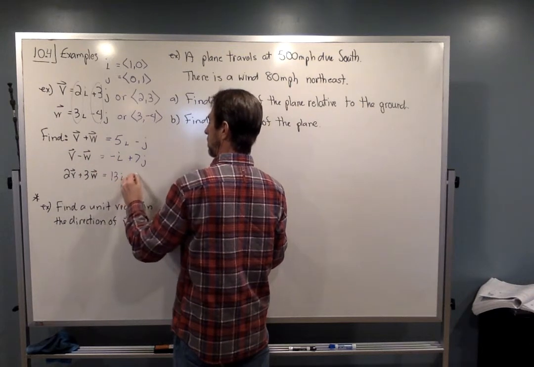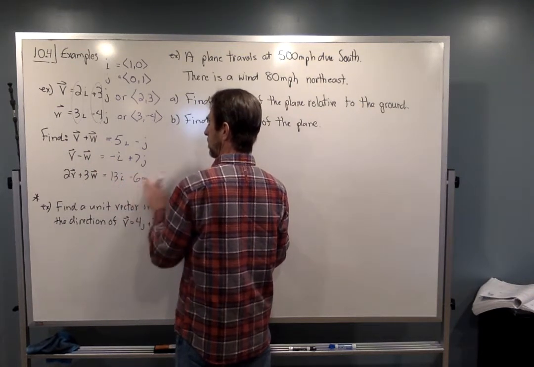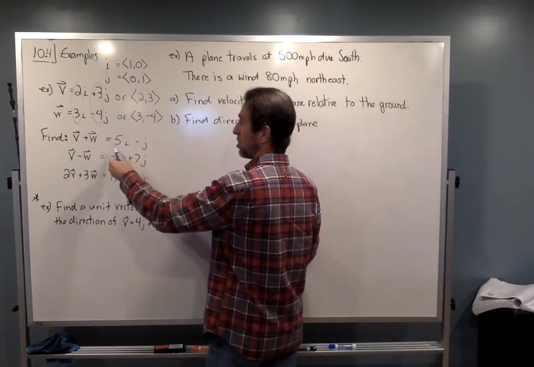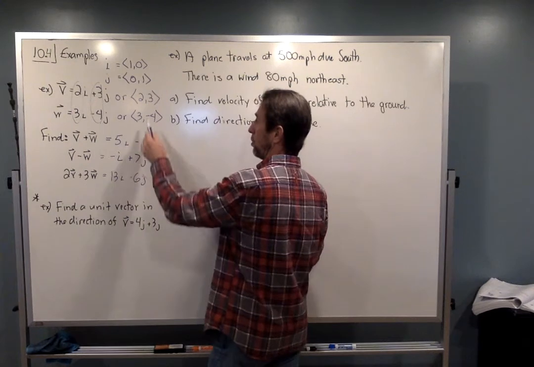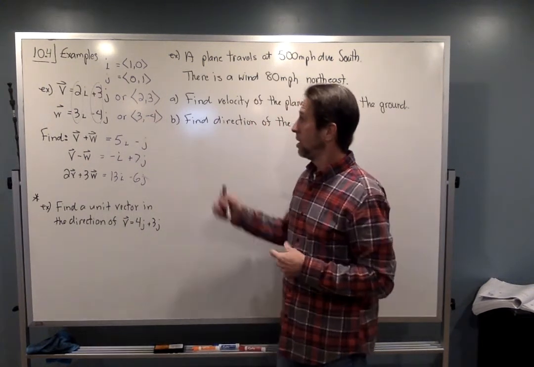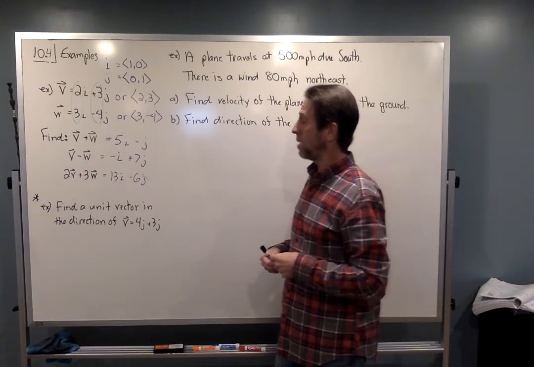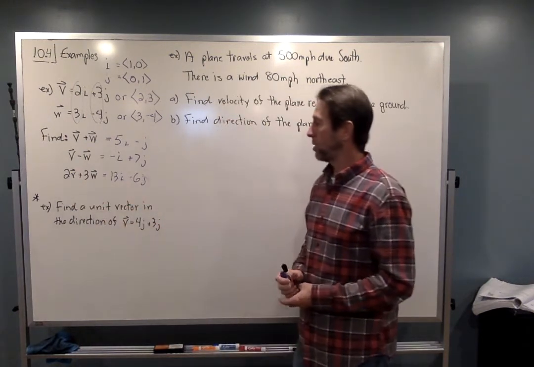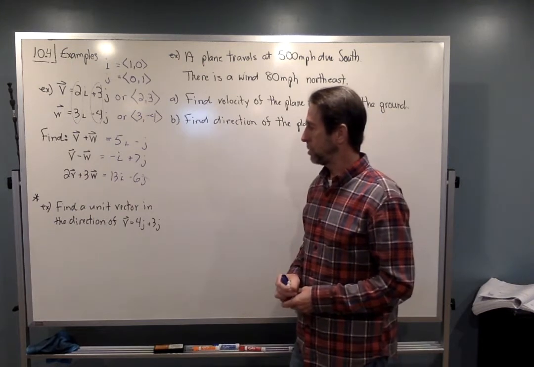So we should get a negative 6j. Sorry, 6j. So unit vector notation would give these answers. If we wanted to continue with this notation, we could definitely do that. So this is how we can add, subtract, multiply, even work with what we call a scalar multiple for a vector in order to get these results.